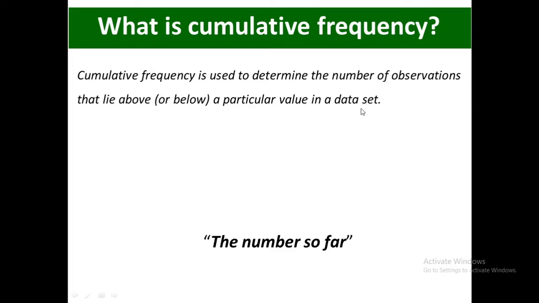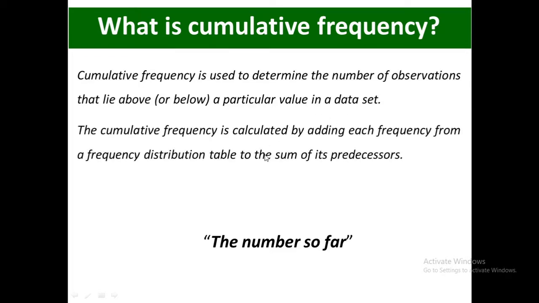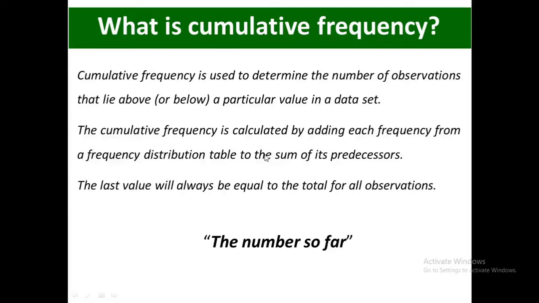It is calculated using a frequency distribution table, by adding each frequency from the table to the sum of its predecessors. The last value will always be equal to the total of all observations, since all frequencies will already have been added to the previous total.